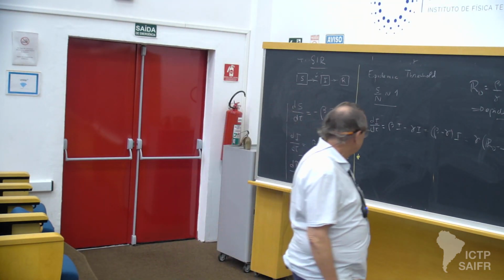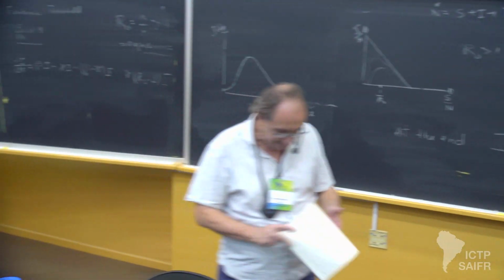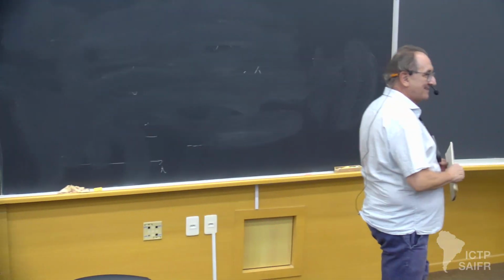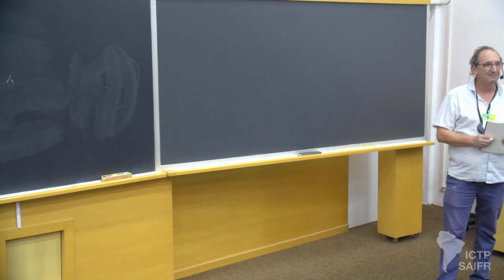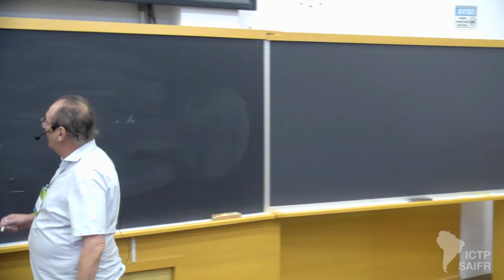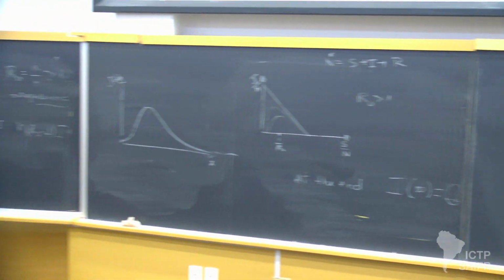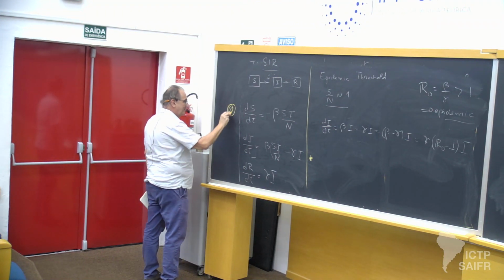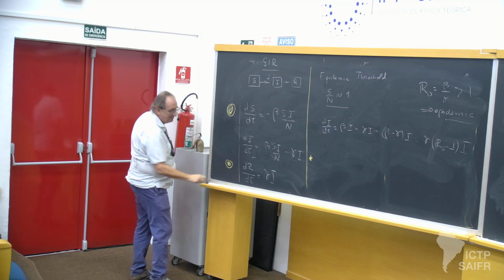Now, in this case, you can do a mathematical manipulation which is correct, but a little bit ugly. You can close your eyes if you are very sensitive. You take this equation here and divide it by this equation here.